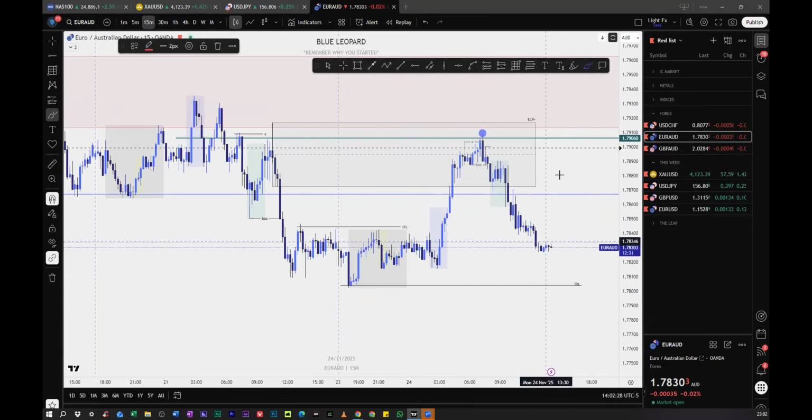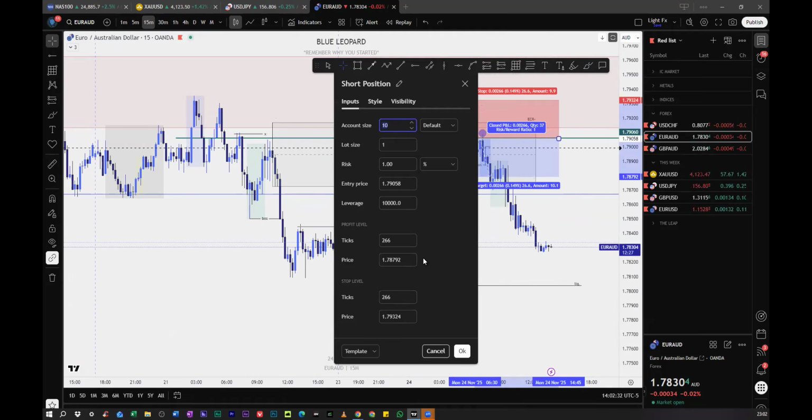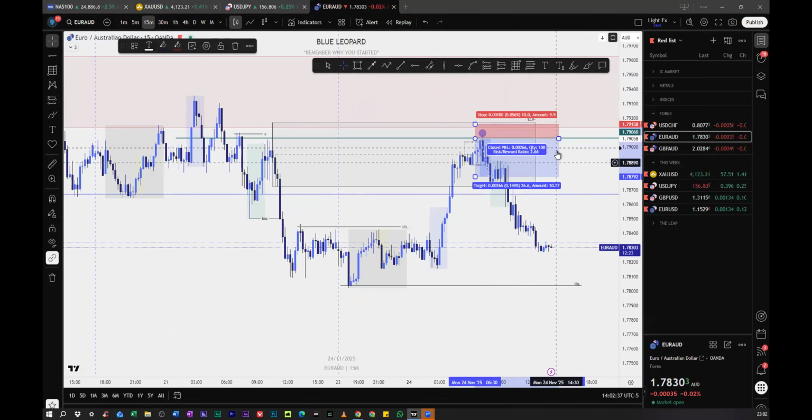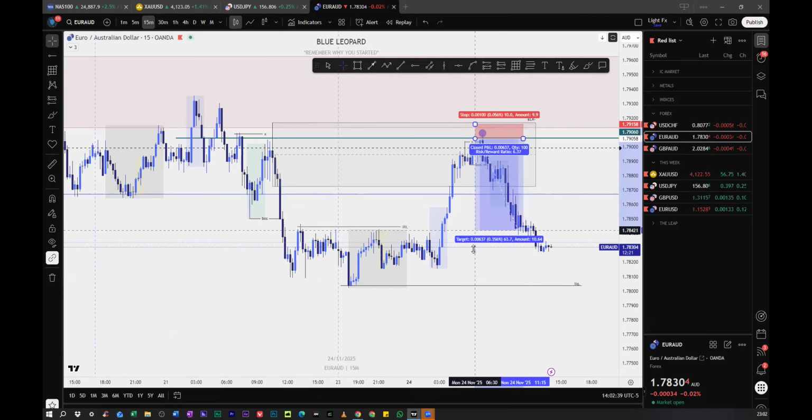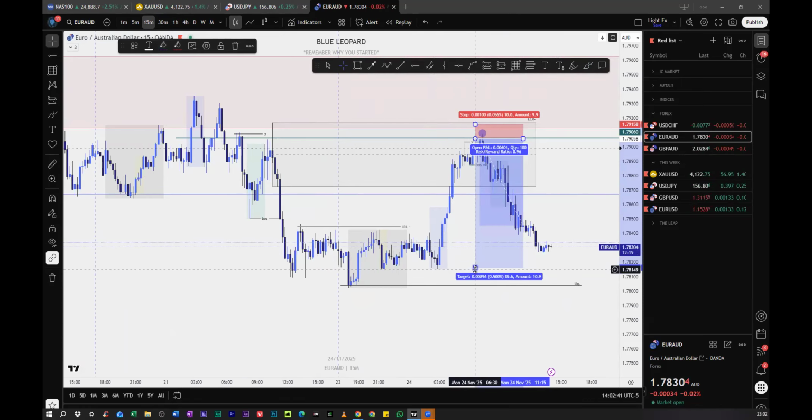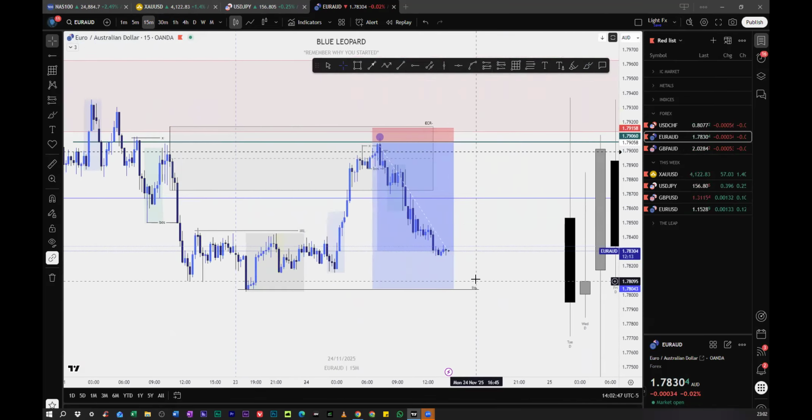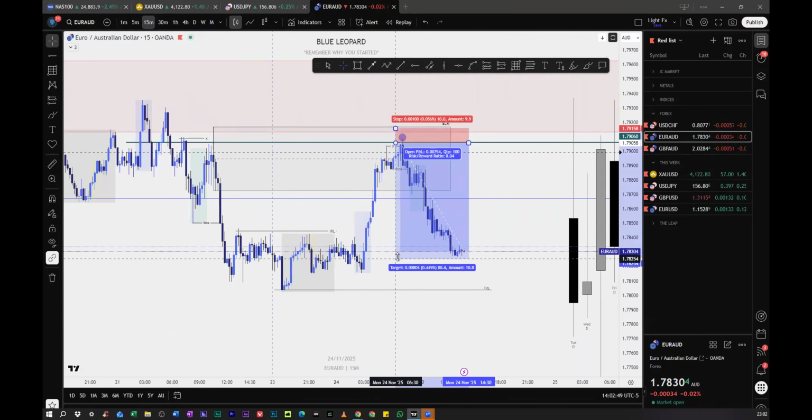This one was really the best one, because here you enter on the line of the key level, you mark your stop loss at 10 pips, and from 10 pips you target the lowest point of New York or London or the lowest point of Asia. This trade gives you 10R, and it's almost around 7 already.